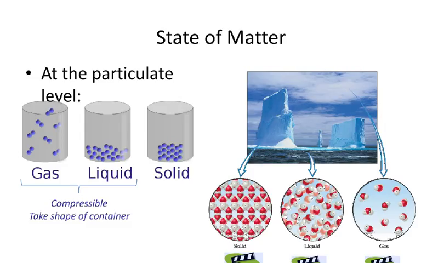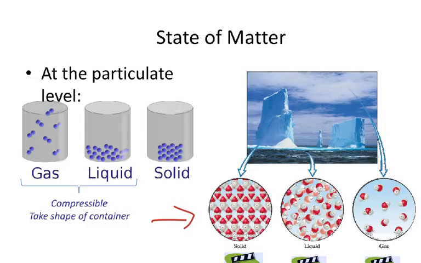Sorry. So let's just talk about solids and liquids and gases just for a second. So over here on the right, you can see that there are 3 different representations of water. One is in the solid state, one is in the liquid state, and one is in the gas state. So in the solid state, the molecules are close to one another.